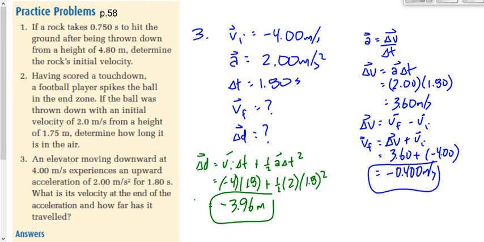Of course it should be negative. We're moving downward, right? We start with an initial velocity downward. We end with a final velocity downward. We're moving downward the whole time. My displacement should be a negative value, negative 4 meters or 3.96 meters.